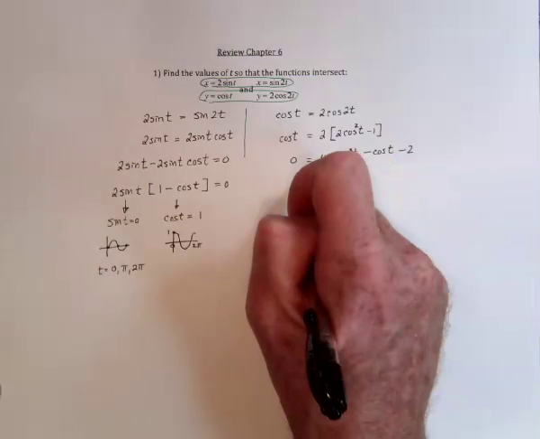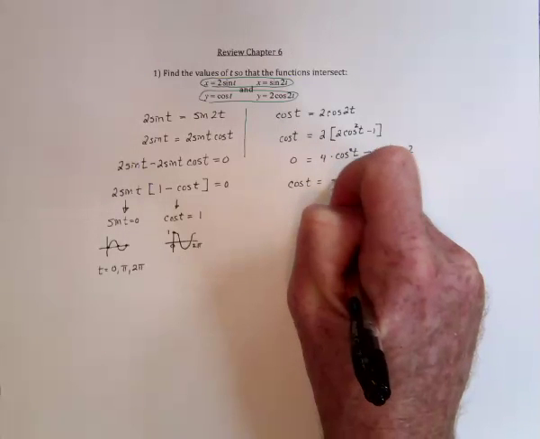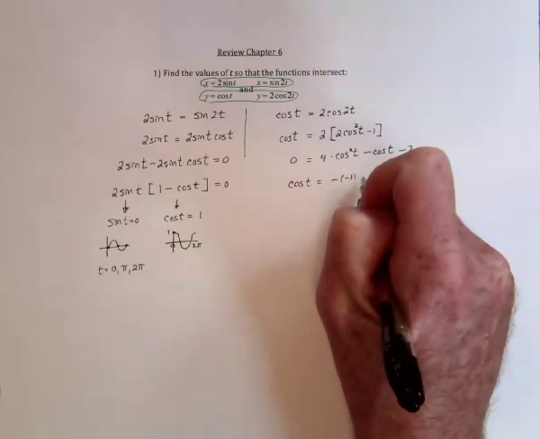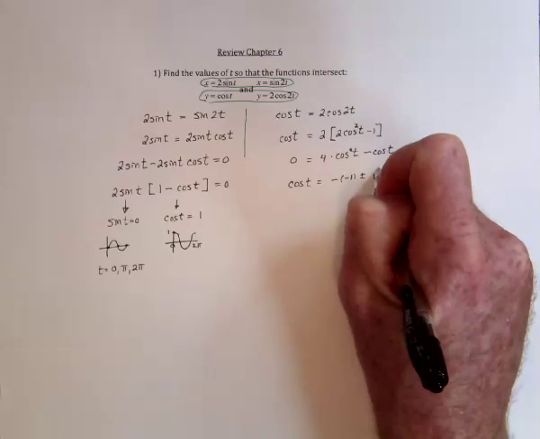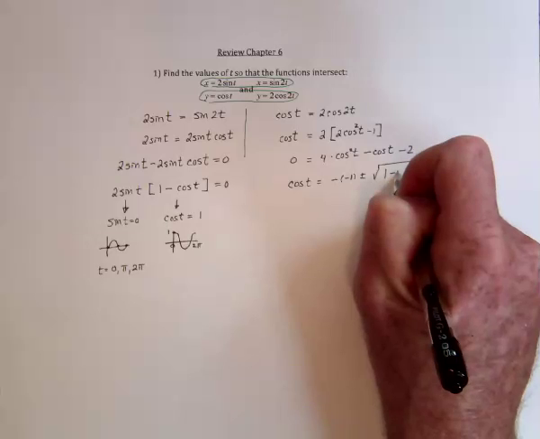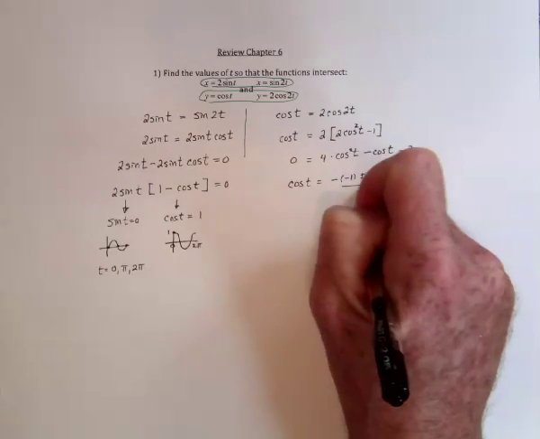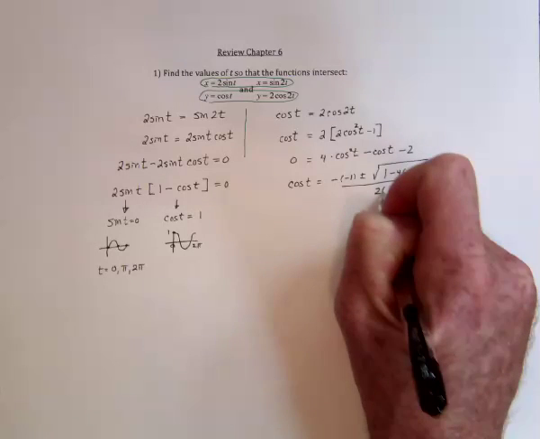And then use the quadratic formula, so cosine of t is equal to negative b plus or minus the square root of b squared minus 4 times a times c, all divided by 2 times a.